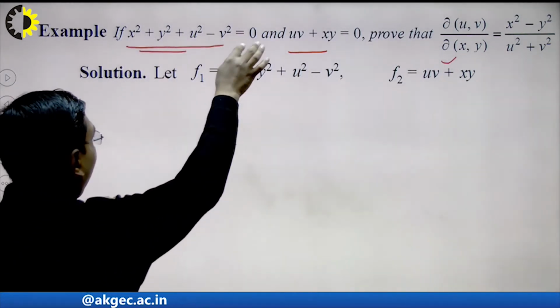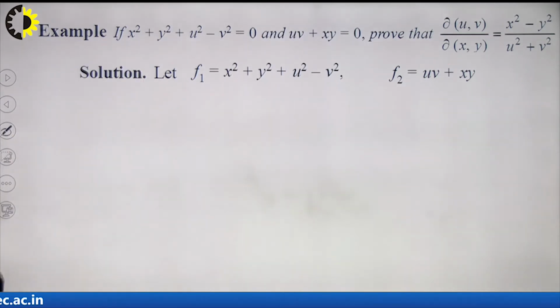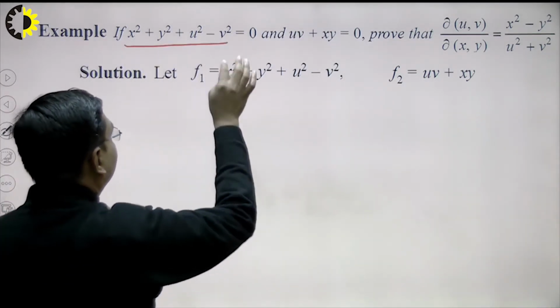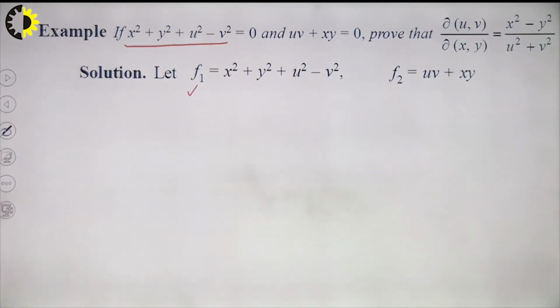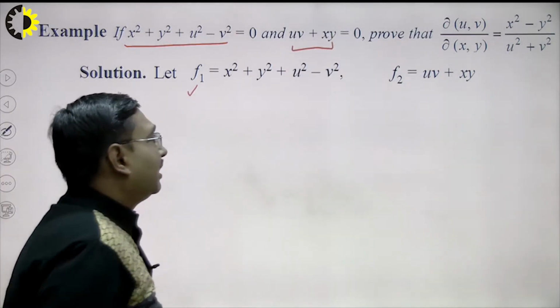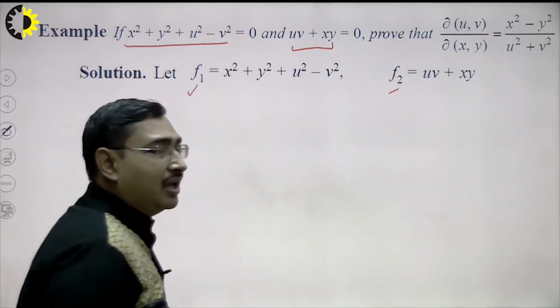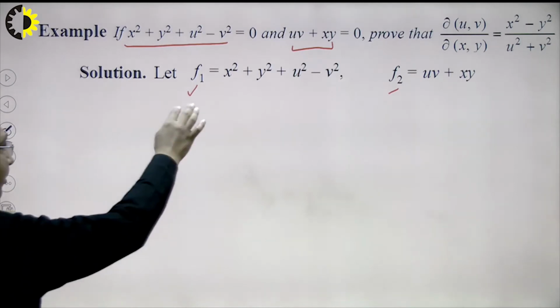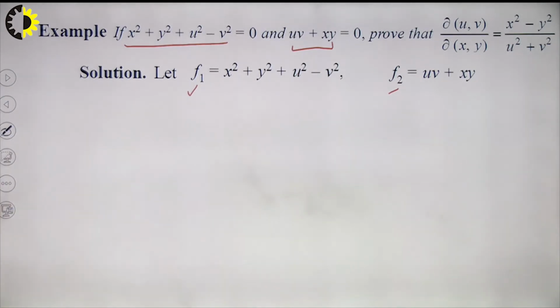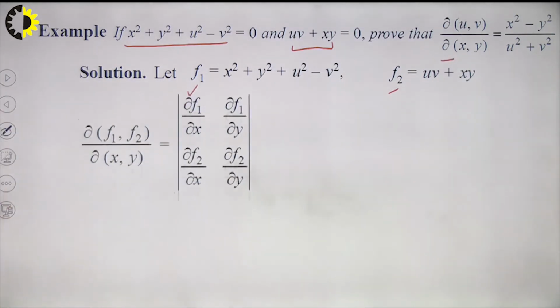Because the right hand side is already 0, the term on the left hand side will be taken as f1, and similarly in the second relation the term on the left hand side will be taken as f2. Now f1 and f2 are with us. Now we shall use our formula to calculate this Jacobian.